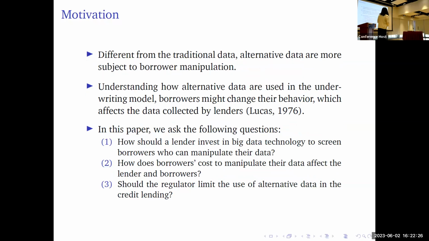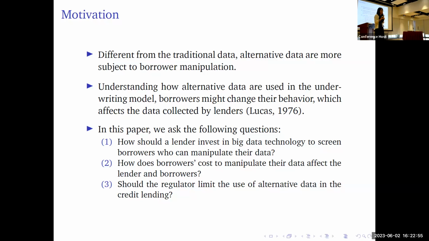Okay, so what we look at in this paper is that, different from the traditional data, the alternative data are arguably easier to manipulate. That is the starting point of our project. Think about the traditional data. You submit the tax reports to the vendor, and if you commit fraud, if there are some flaws, then there's a huge cost for you.